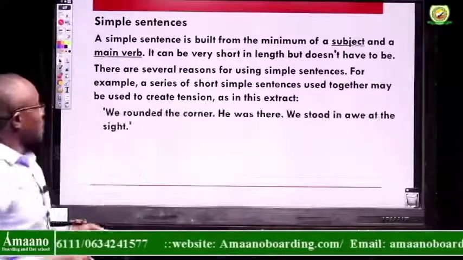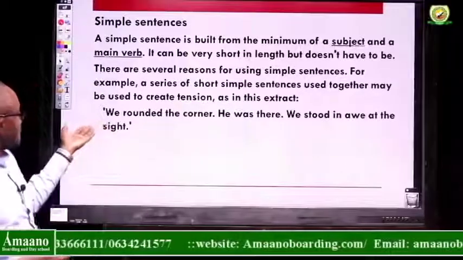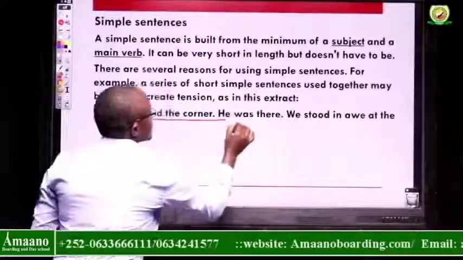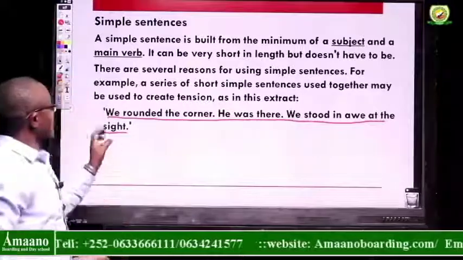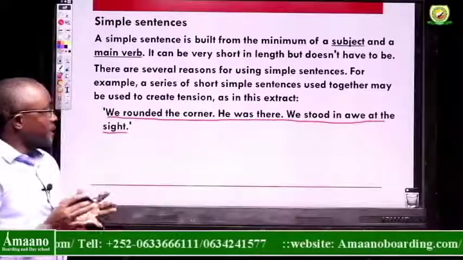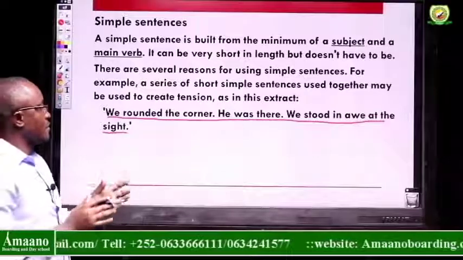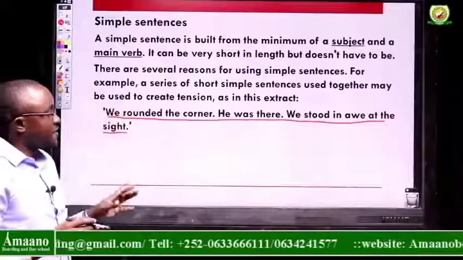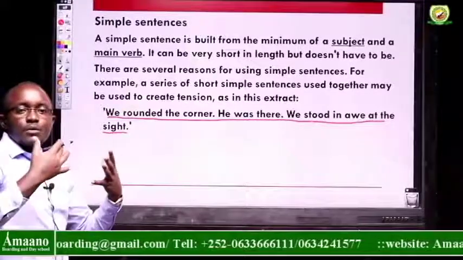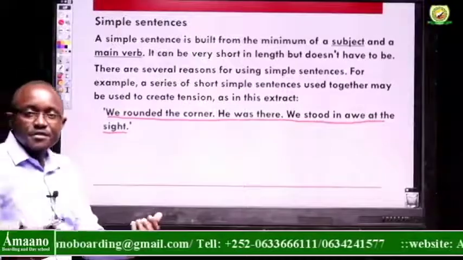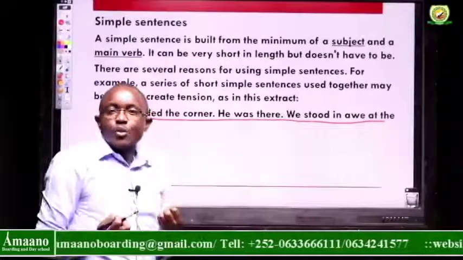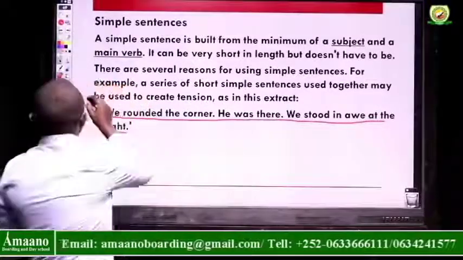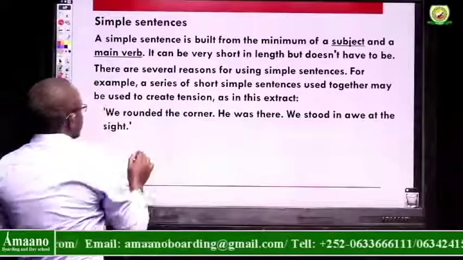Okay, look at this particular sentence: we rounded the corner, he was there, we stood in fear at the sight. Look at these three short sentences. What you're trying to build is tension, so your readers are immersed into your work. You try to grab them so that they dig deep into what you're writing. Okay, so let's move on.